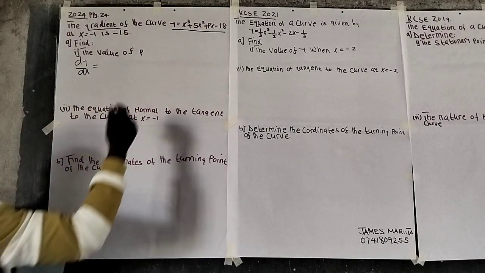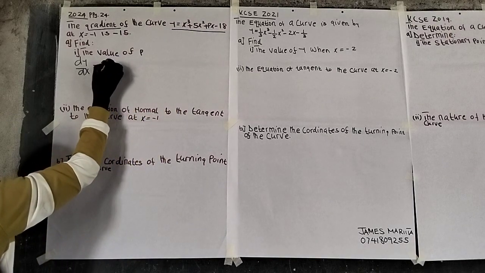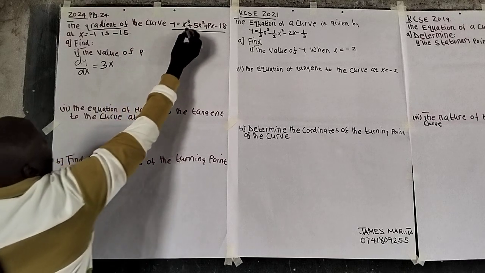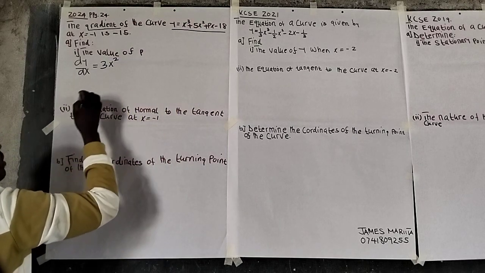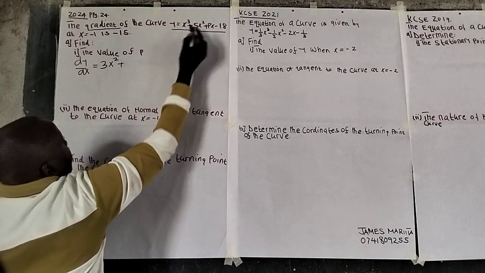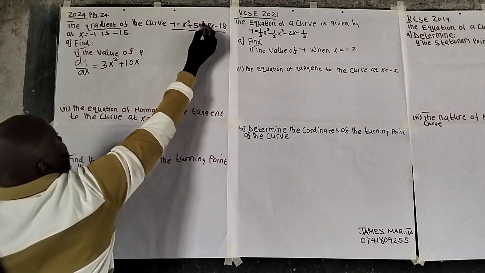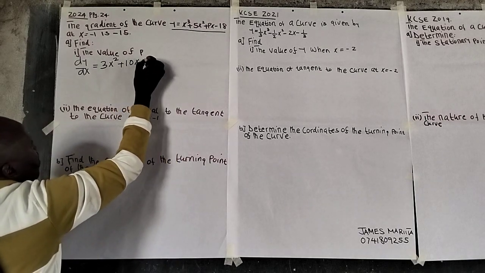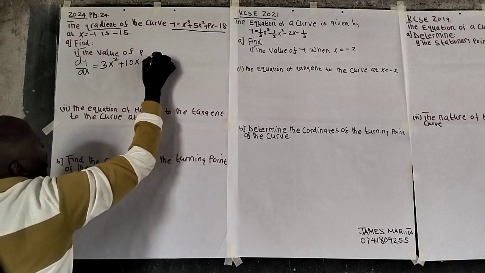If we differentiate this, we have 3 times 1, giving us 3, then x raised to 3 minus 1, which is 3x squared, plus 5 times 2, we have 10, then x, because 2 minus 1 is 1, and then plus 1 times p, we have p.